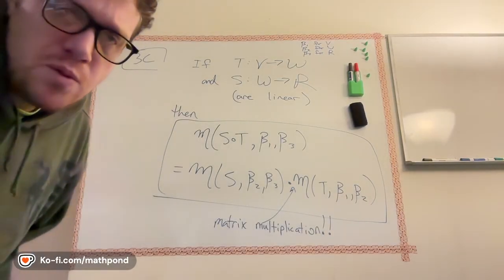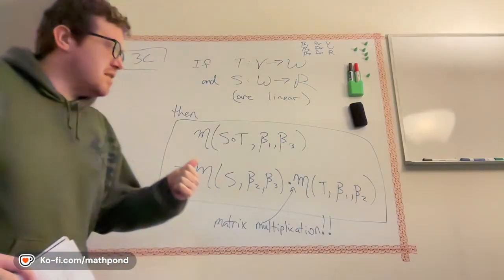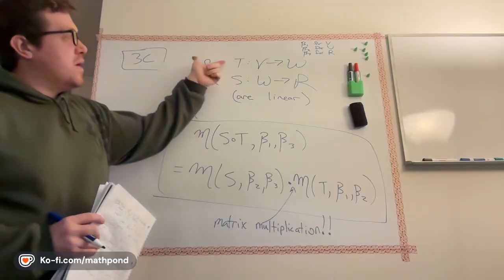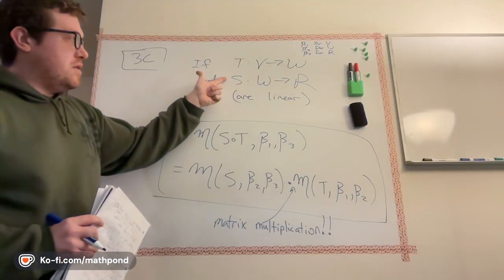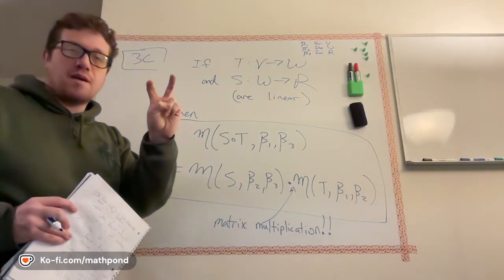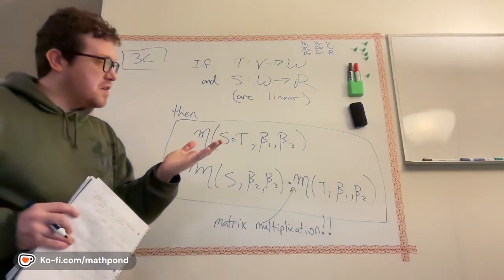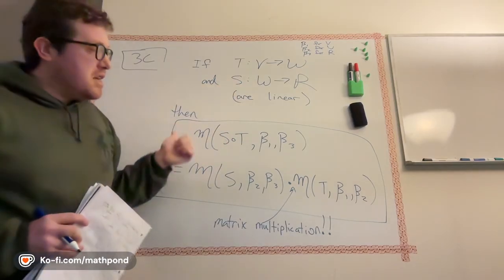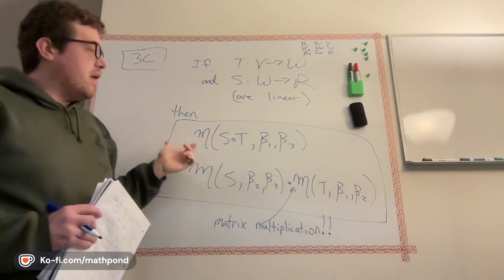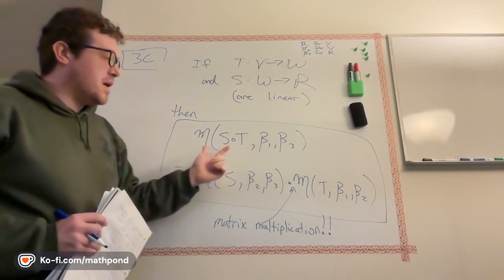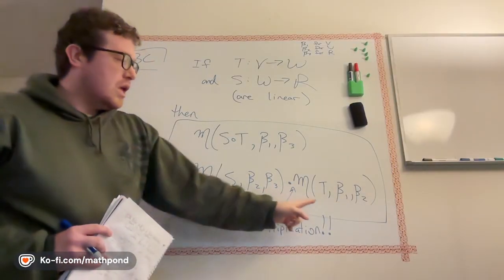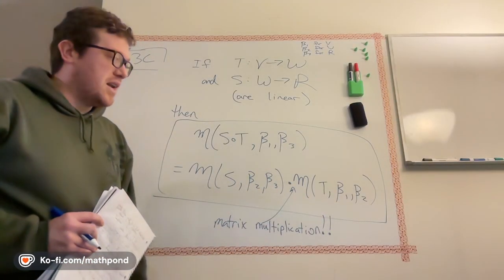Okay, so this statement is pretty important for linear algebra. It says, when I compose linear maps, I get another linear map, and this is in some sense like a product on this space of linear maps. When I translate things over into matrices using these bases for V, W, and R, the matrix of the composition becomes an actual product of the matrices, if I keep track of which bases I'm writing these matrices with.